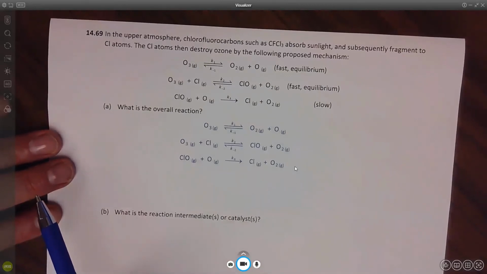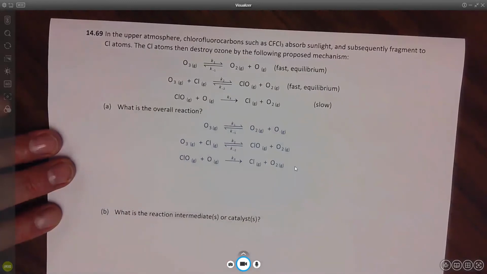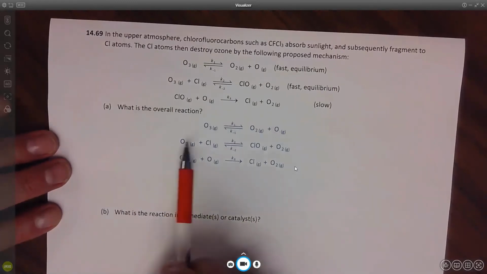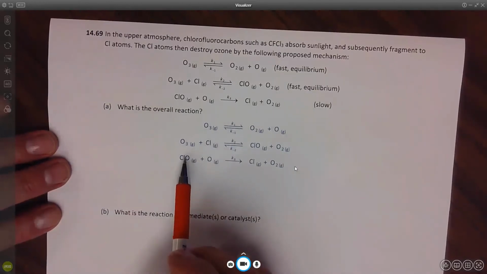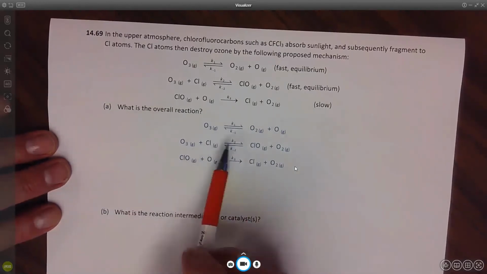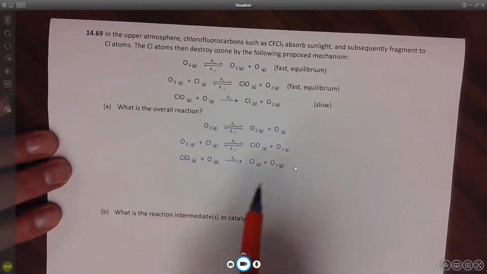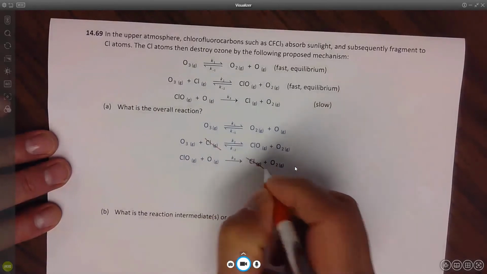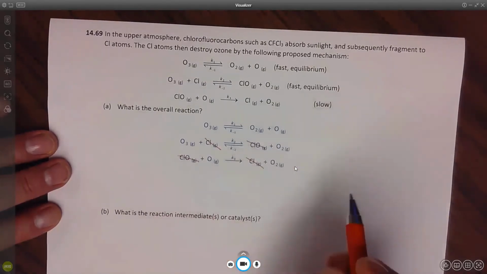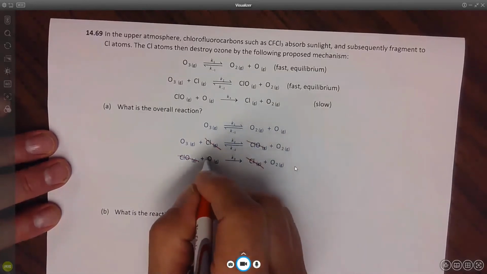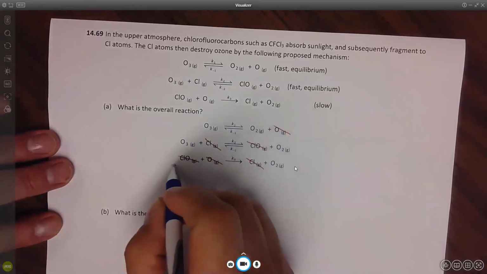Okay? So, again, we want to know what is the overall reaction. Well, we're just going to cancel anything that's similar on both sides. So let's see, I see no O3s over here, no O3s, Cl, there's a Cl, there's a Cl, there's a ClO, a ClO, there's an O and an O. And so the overall reaction then is what's left.